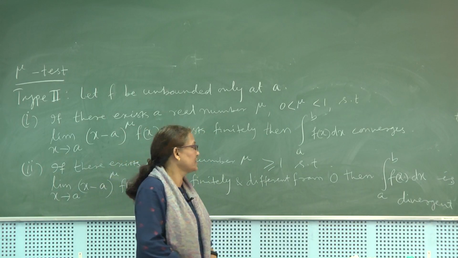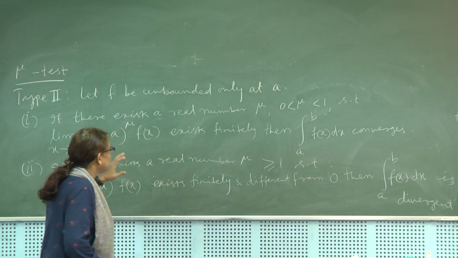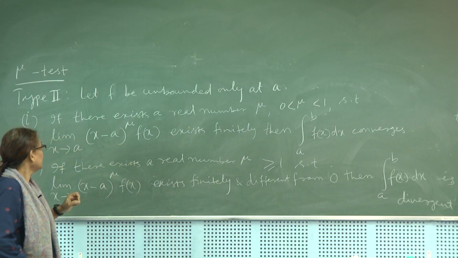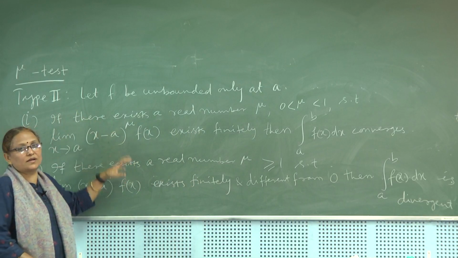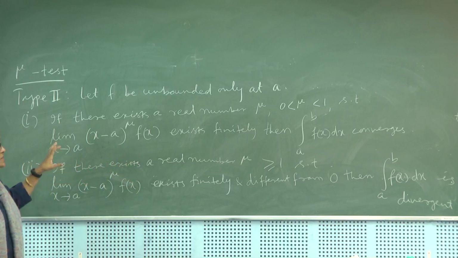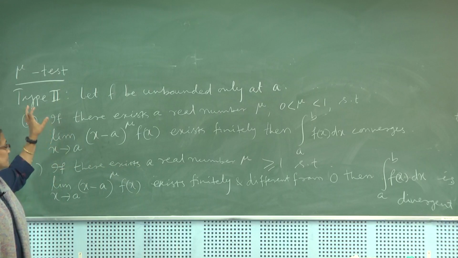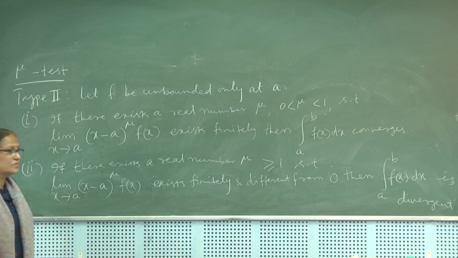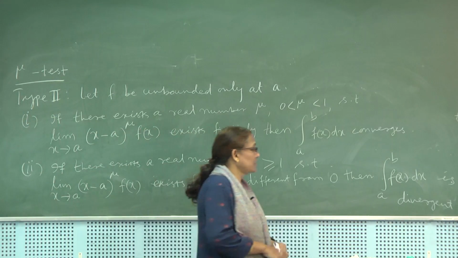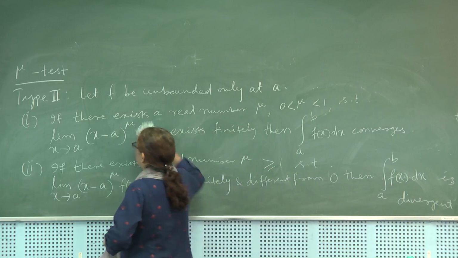So, in that case, if the function is unbounded only at b, what changes do we have to make for both these conditions, first and second?